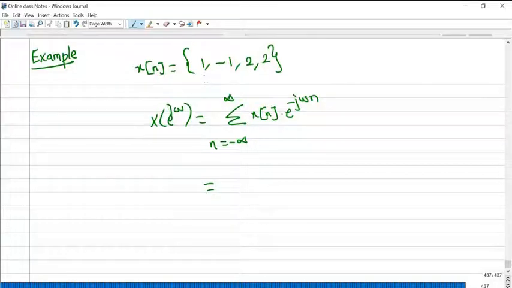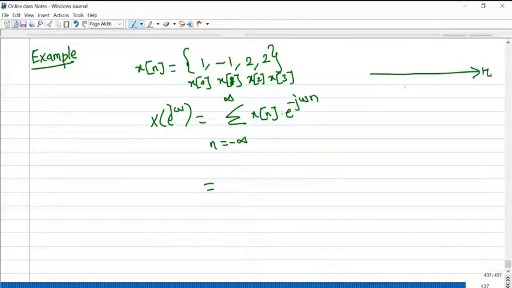If the problem is given like this, by default the first sample magnitude corresponds to the x of 0 position, the second sample magnitude corresponds to the x of 1 position, and so on. So x of 0, x of 1, x of 2, x of 3.